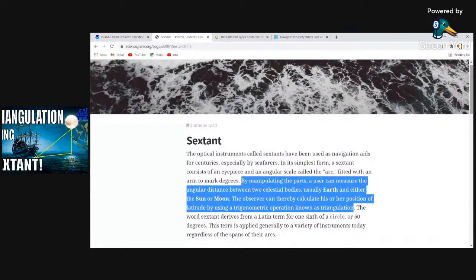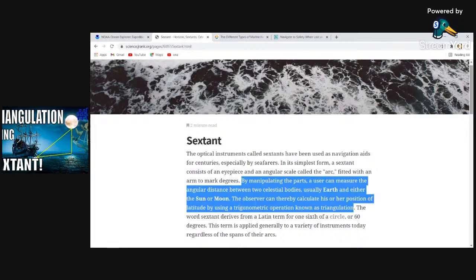So a reference here from sciencejrank.org on the sextant. The optical instruments called sextants have been used as navigation aids for centuries, especially by seafarers. In its simplest form, a sextant consists of an eyepiece and an angular scale called the arc, fitted with an arm to mark degrees.